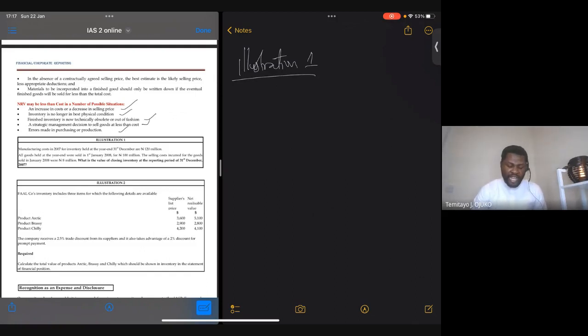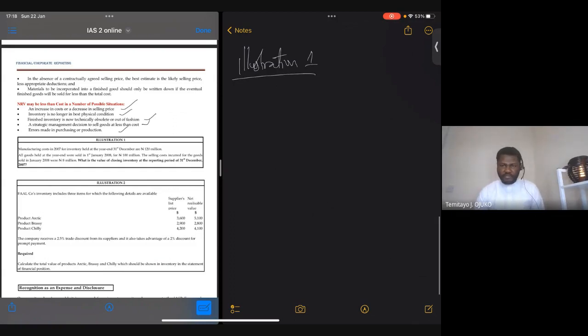All goods held at the year end were sold on 1st January 2008 for 100 million. The selling cost incurred for the goods sold in January 2008 were 8 million. What is the value of the closing inventory at the reporting period of 31 March 2007?